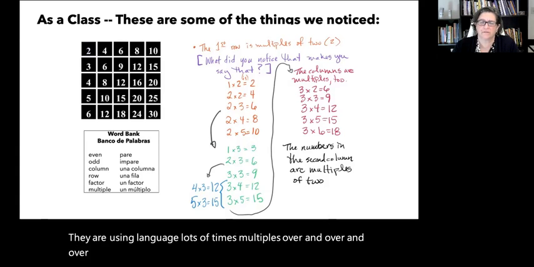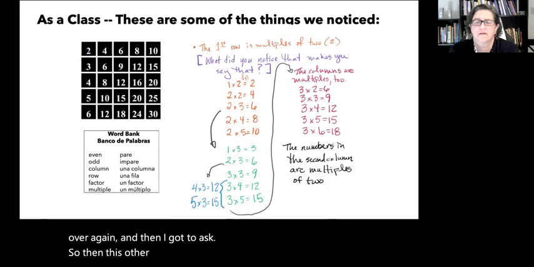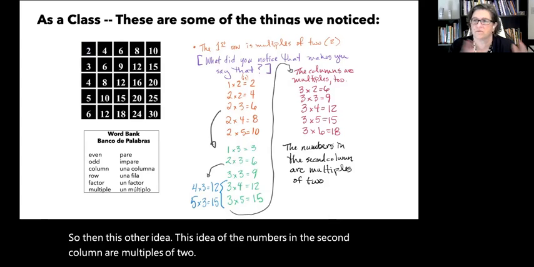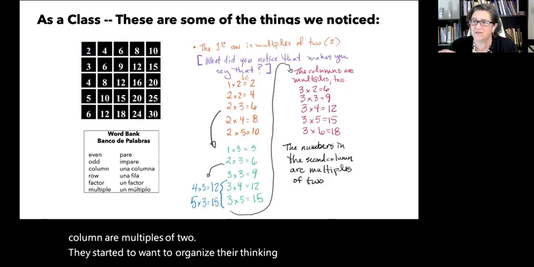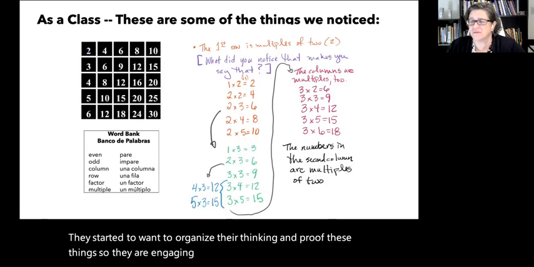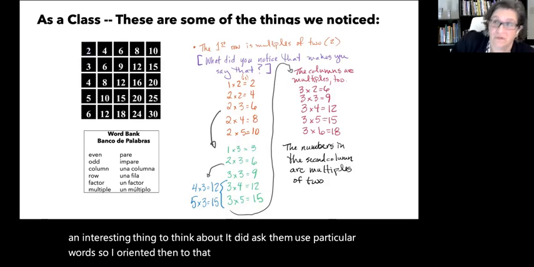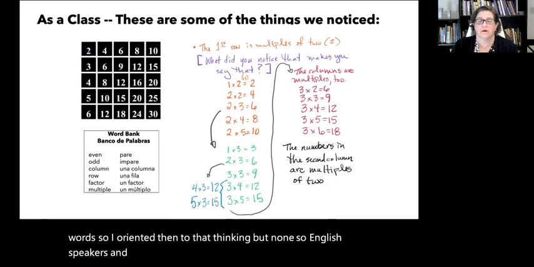And then I got to ask, so then this other idea, this idea of the numbers in the second column are multiples of 2. They started to want to organize their thinking and prove these things. So they're engaging in reasoning and proof. I gave them an interesting thing to think about. I did ask them to use particular words, so I oriented them to that thinking. But English speakers and English learners are both having lots of opportunity to use the language.